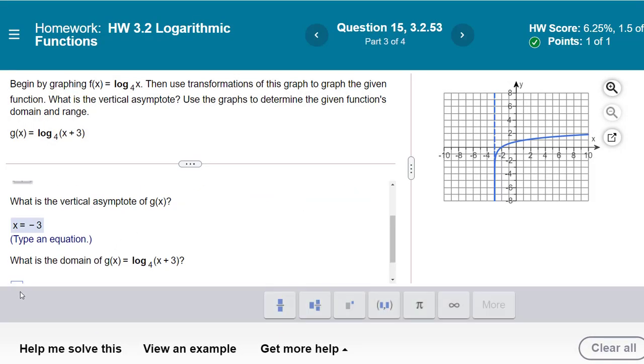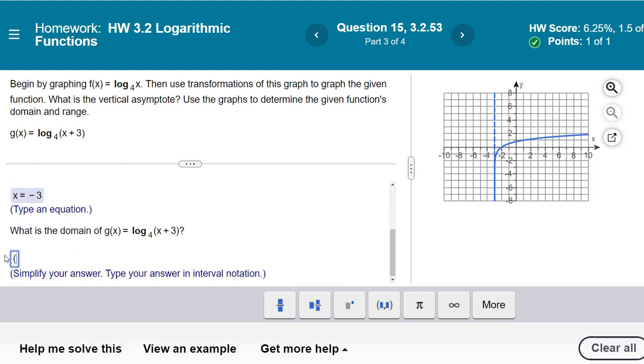And the domain, now here's the difference. In the domain, our x value only goes close to negative 3. So it doesn't include negative 3, because that would make a 0 in your argument, and you can't have that. The argument of your log has to always be a positive number.